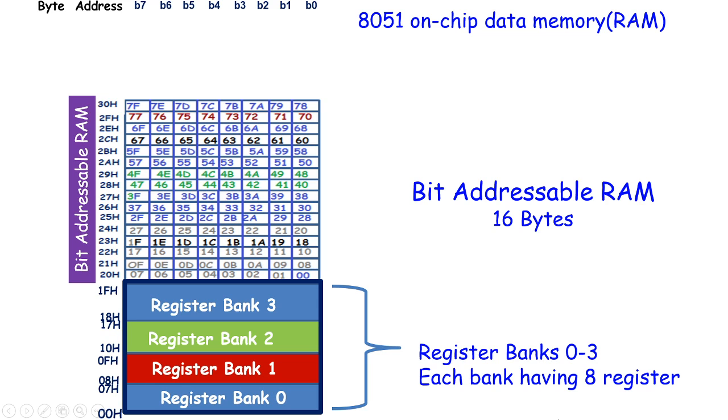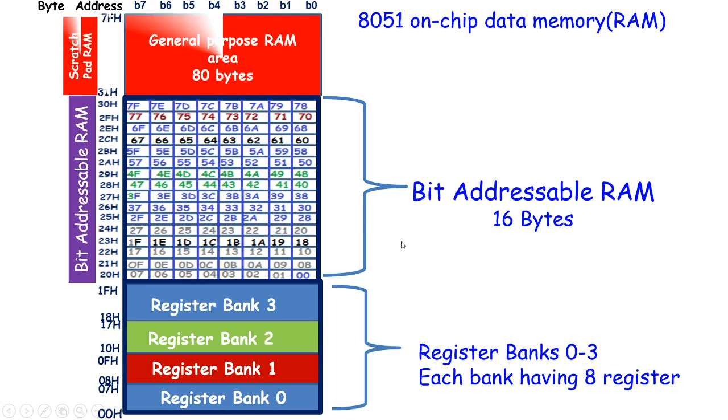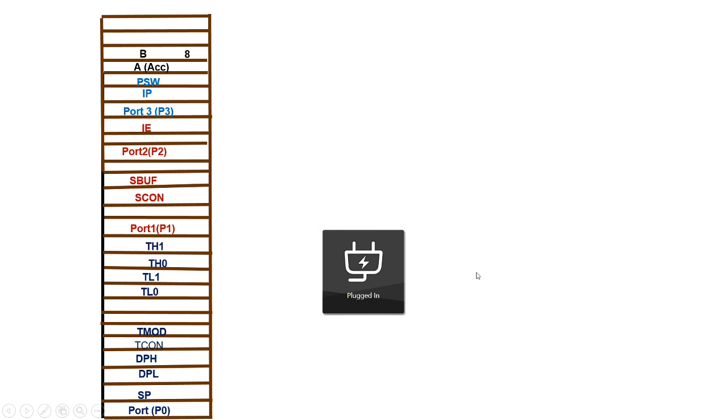The bit addressable memory is 16 bytes, and the other memory is the general purpose RAM of 80 bytes, which is named scratch pad memory. So this is the memory of that microcontroller.